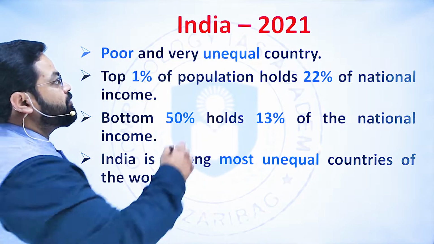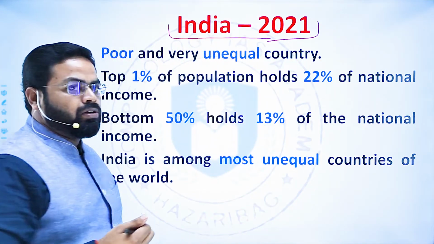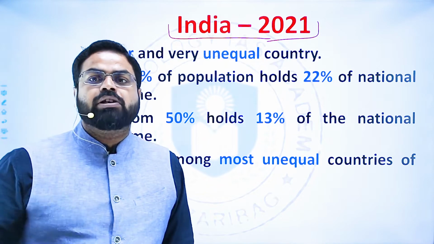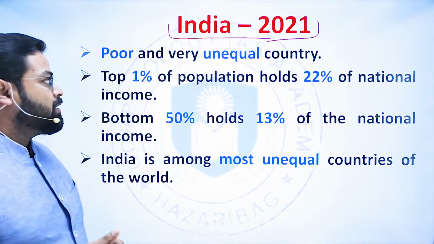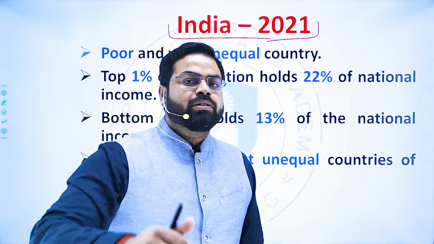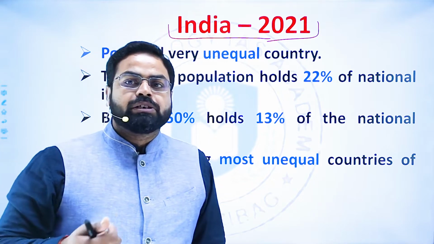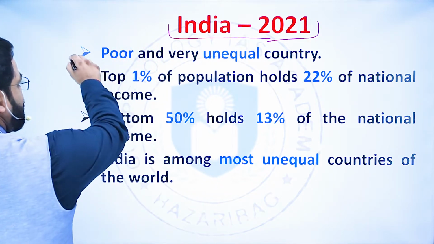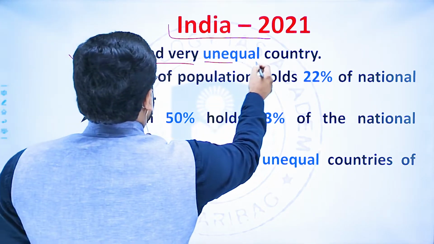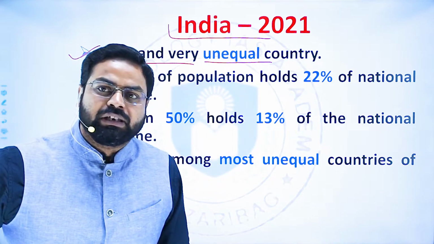And here, if we talk about India, then what was the situation of inequality in India during the year 2021? Because we can get the data for the previous year only, we cannot say about the inequality going on in 2022. So here, poor and very unequal country. Why this statement is here?